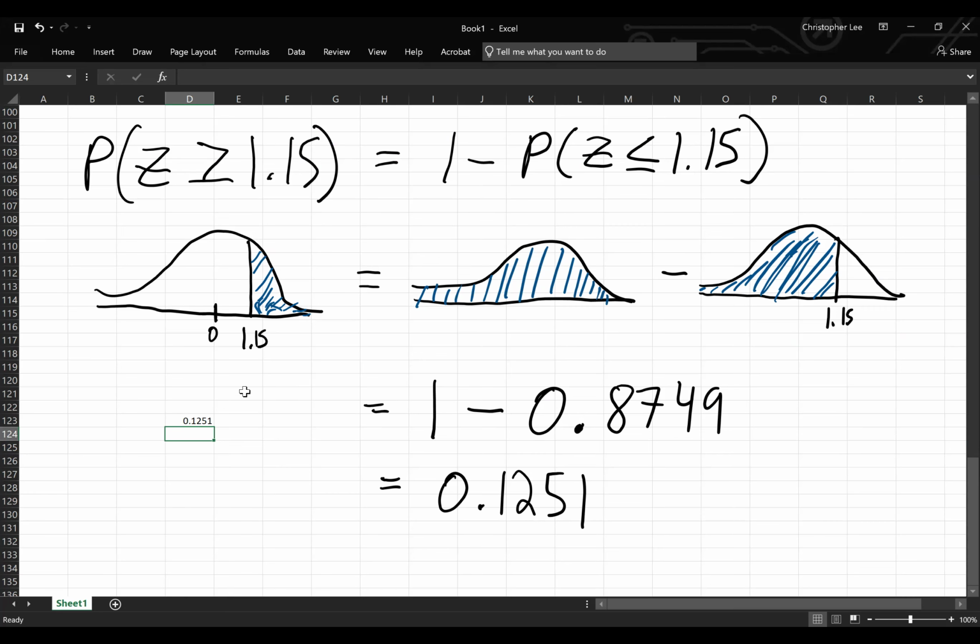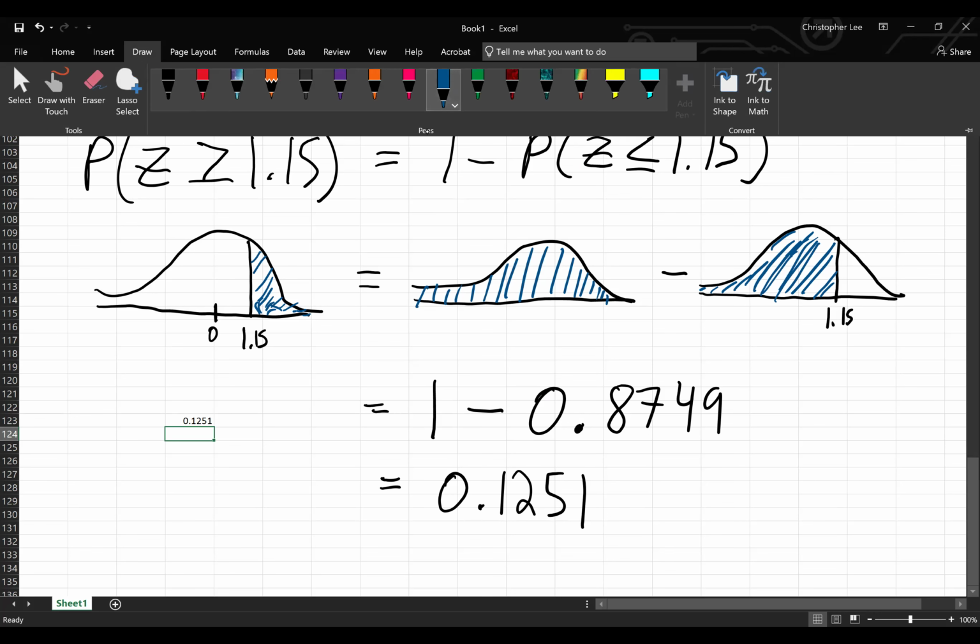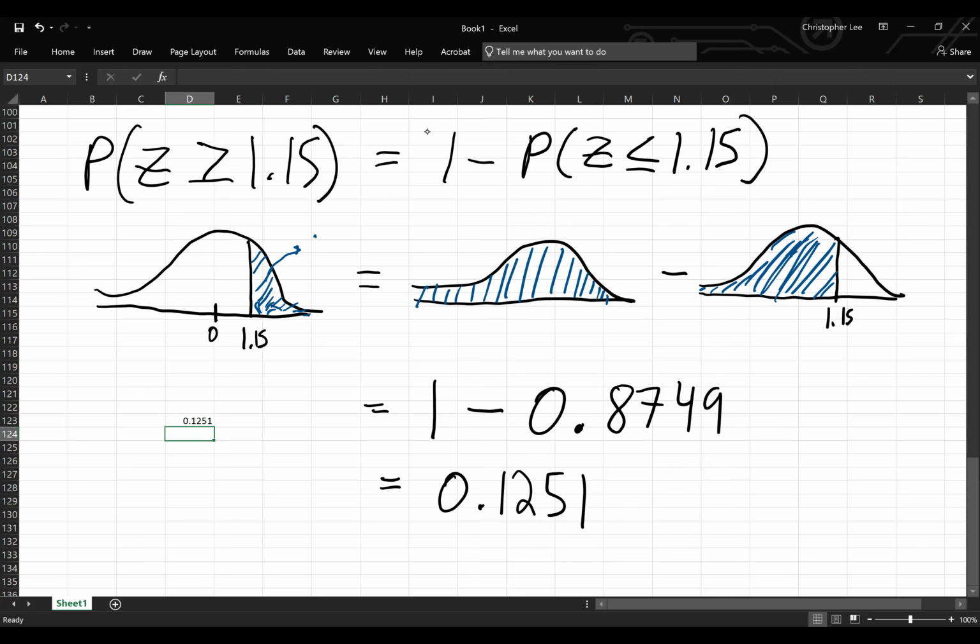All right, so that's it. 0.09. So we will go to 0.0 and then go down to the 9. Yeah, that's it. So it's just always gonna be that way. And just so we're clear, the area I'm talking about is right here, and this is the 0.1251.